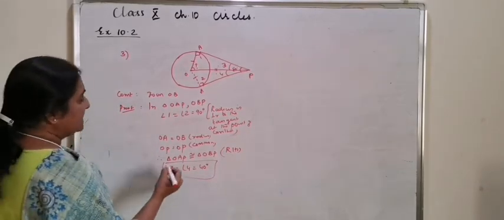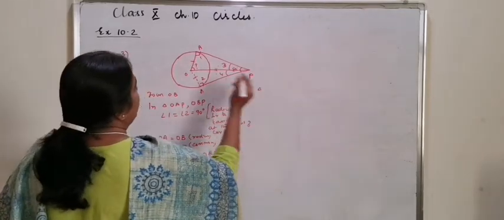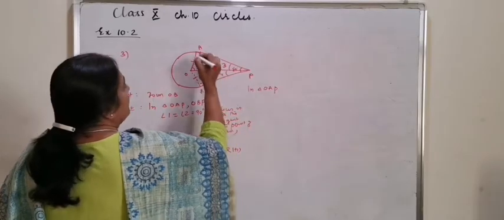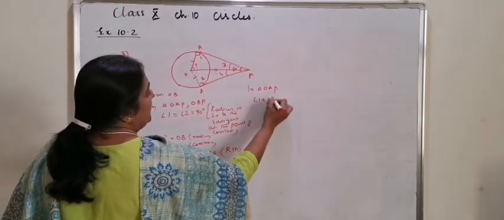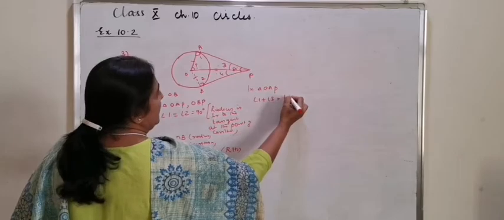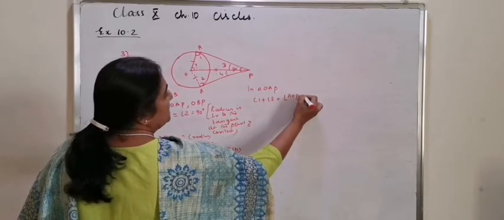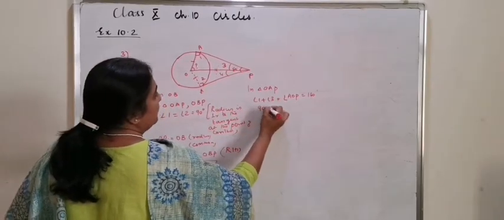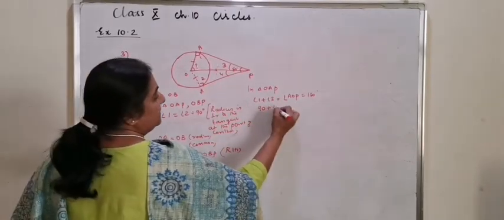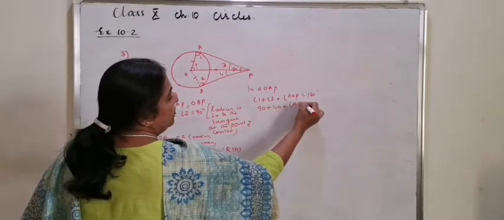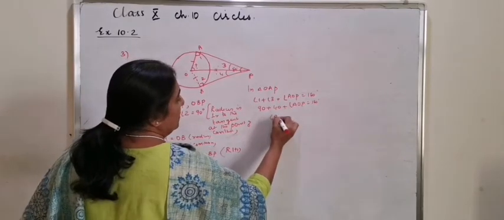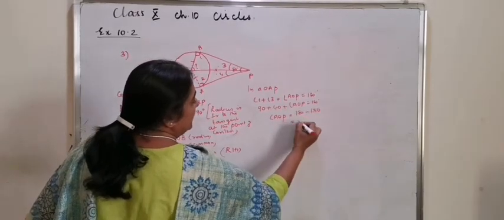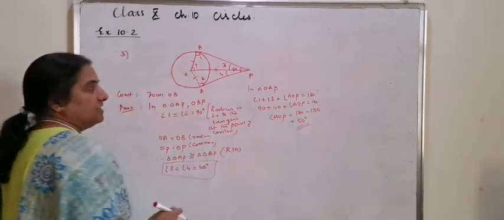Now applying the angle sum property in triangle OAP, angle 1 plus angle 3 plus angle AOP is equal to 180 degrees. Angle 1 is 90, angle 3 is 40, plus angle AOP is equal to 180, or angle AOP is equal to 180 minus 130, which is equal to 50 degrees.